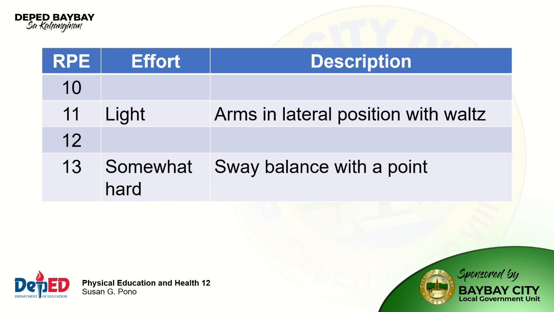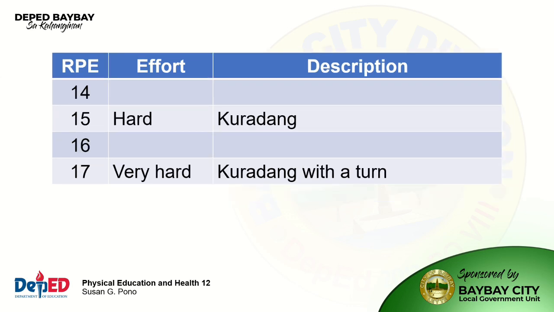For RPE 13, the exerted effort is somewhat hard. Example, doing sway balance with a point. If the RPE is 15, the exerted effort is hard. Example is the folk dance Kuradang.